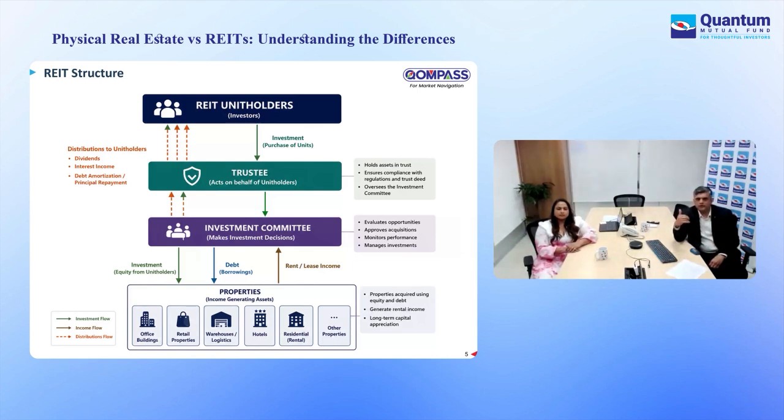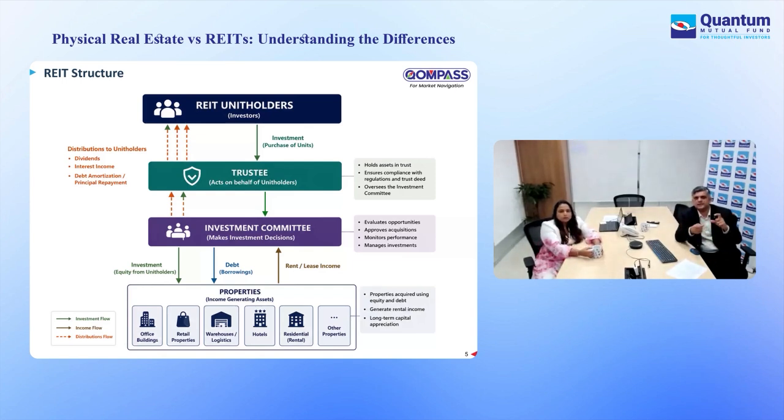In turn, what gets back to us is rent or lease income, and it comes in 3 formats, which I'll explain. So the way money gets invested is you invest 100 rupees. The investment committee may think that it can leverage this investment further, up to 50% let's say approximately, and they can invest 150 rupees on behalf of us.